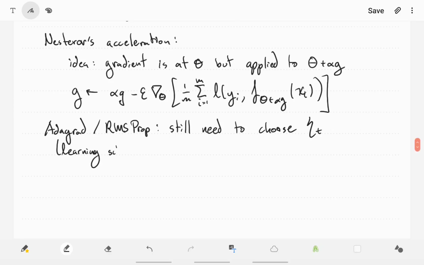But we also get to track our gradient. Instead of just forgetting about the gradient, we're incorporating it into something simple like Nesterov acceleration.